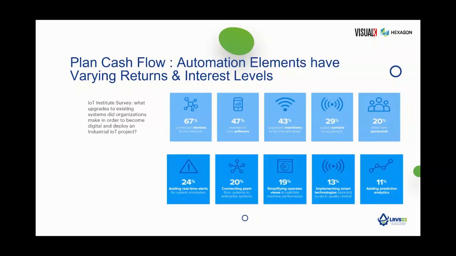Things like adding real-time alerts, connecting plant information systems, simplifying and providing single views, pretty much like the concept of the McDonald's order system, right, where all the employees see in just one screen everything that's going on. Implementing smart technologies, right? So these are all different initiatives.